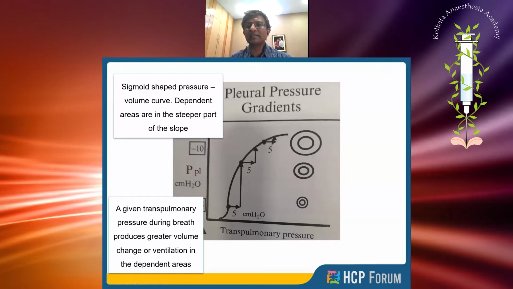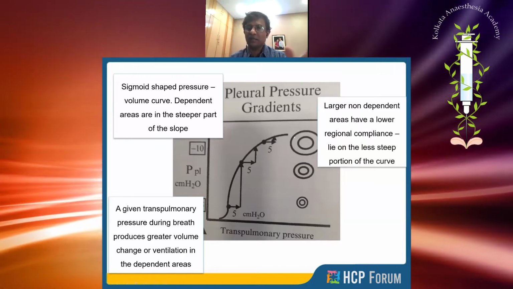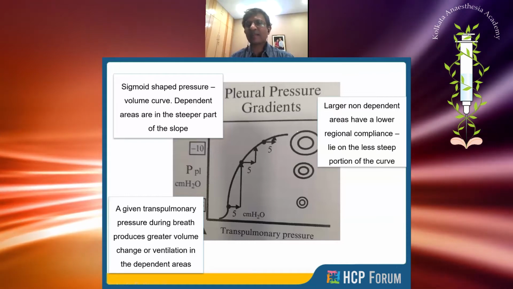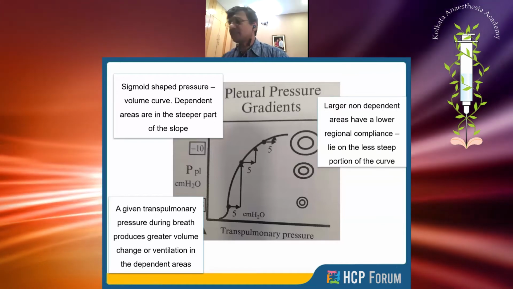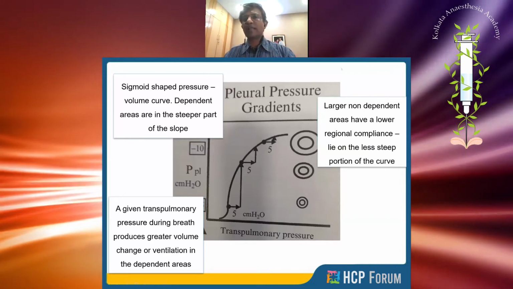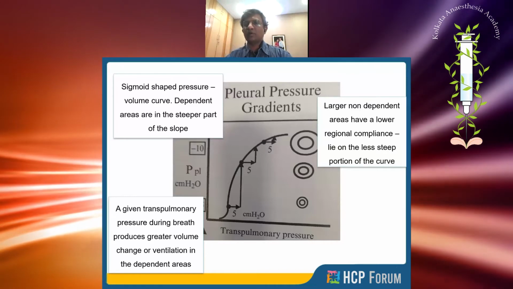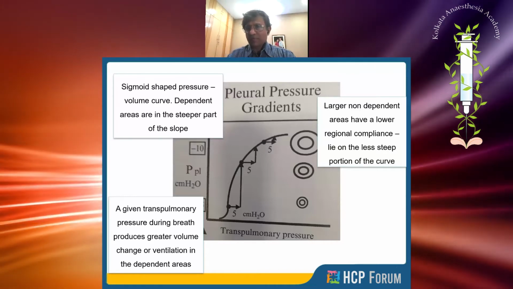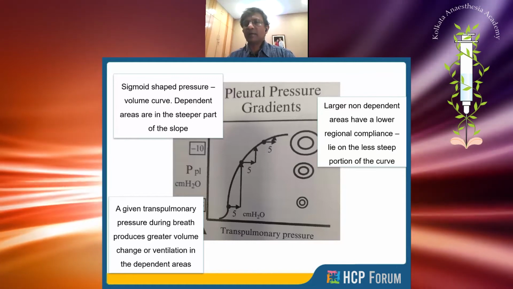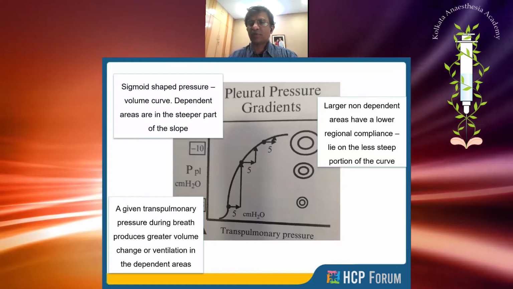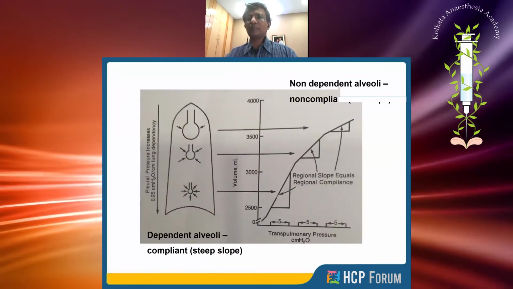Unlike in this part of the slope where it is flatter, there is a lower regional compliance, so the larger non-dependent areas are in the lower part of the regional compliance, which is why it is the less steep portion of the curve.